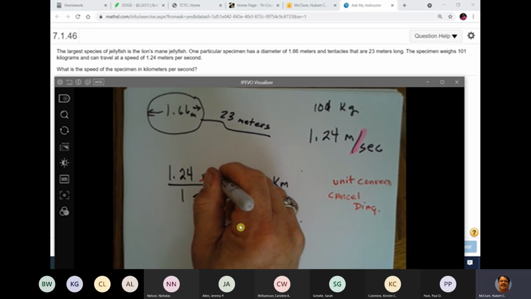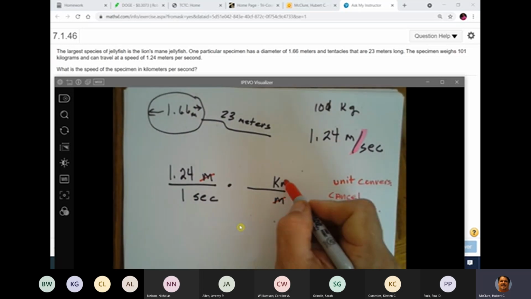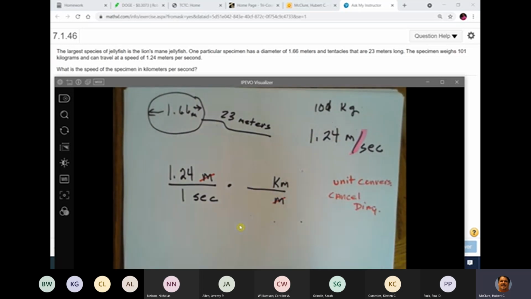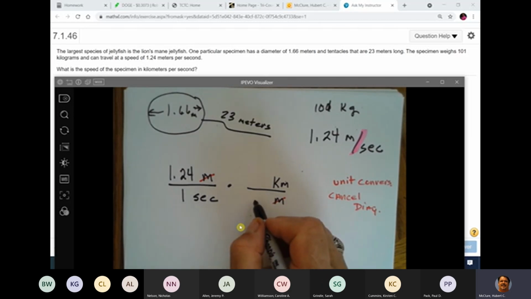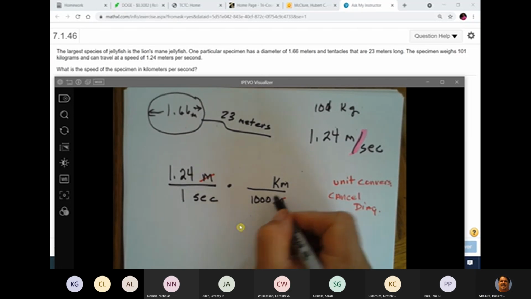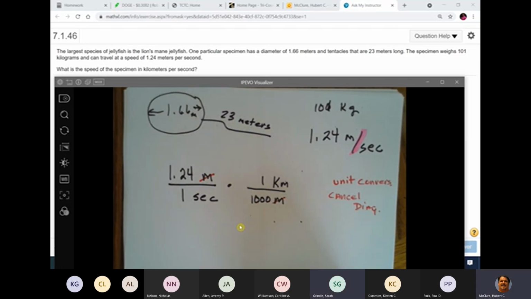So the meters cancel out, and you're left with kilometers per second. So all you've got to do right now is figure out how many meters are in a kilometer, or how many kilometers are in a meter. There's 1,000 meters in a kilometer.